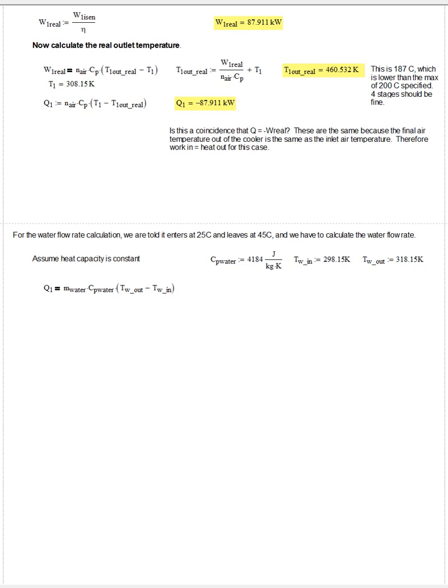And so we set that up, and we are asked to solve for the mass flow rate.